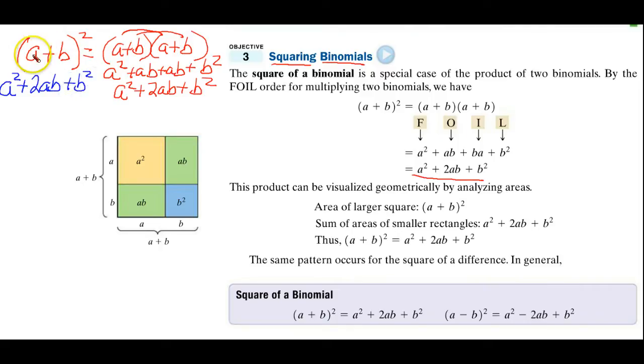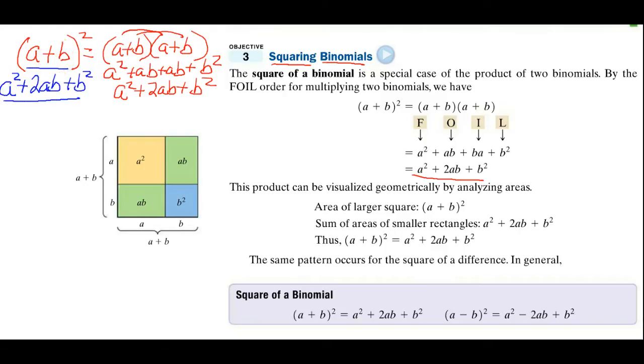So from a binomial that we're going to square to its result, its product, we kind of skip this step. And we say we can do it this way, but this is the recipe for squaring a binomial.